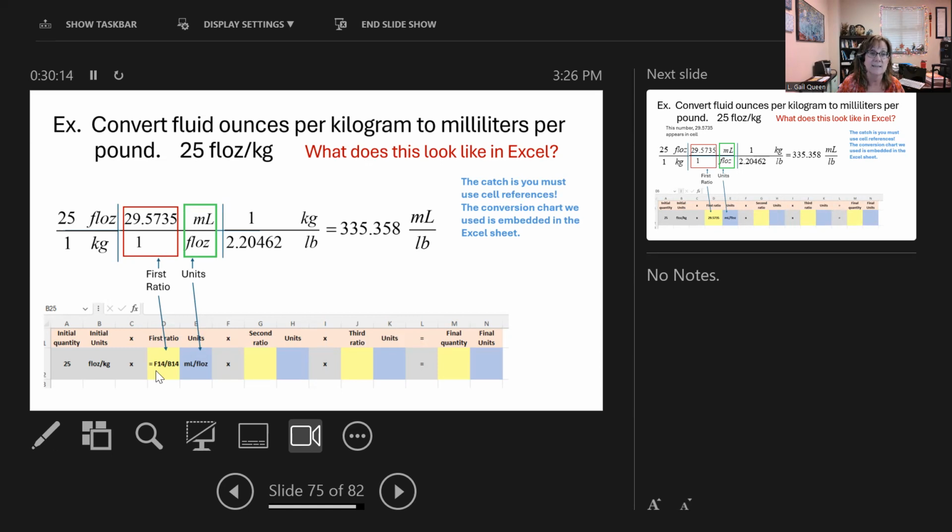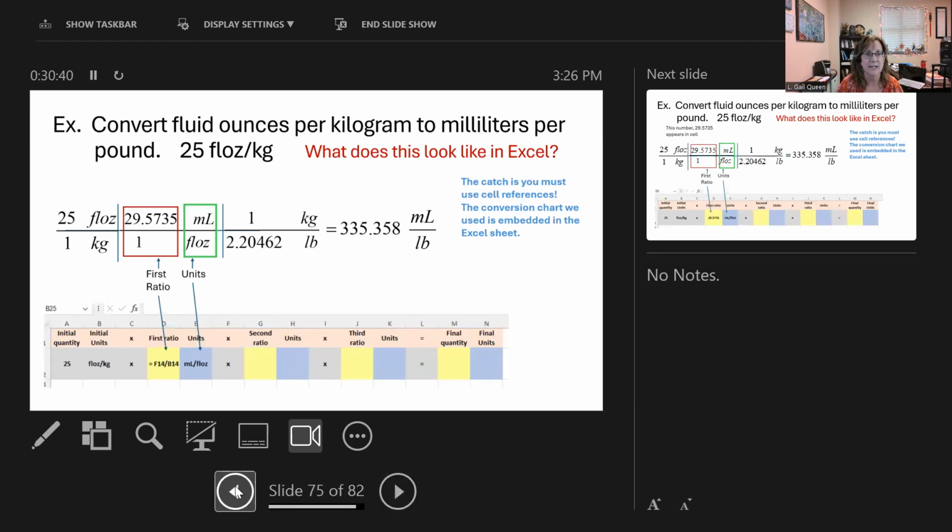Now, in the cell next to that in blue, they want you to type in the units, and you actually type this in: ml divided by FLOZ, milliliters divided by fluid ounces. So they actually want you to type in the units there. So this is from my first fraction. Okay, I hope that makes sense. Now let's go over to the second fraction that's equivalent to 1.